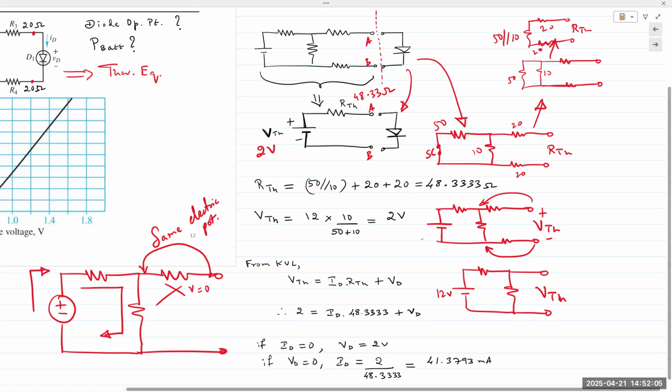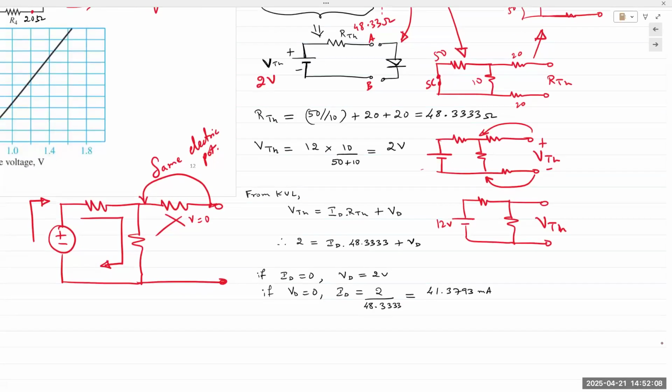So now that we have that, we apply KVL. We apply KVL to this circuit loop, as we saw 2 slides ago. So we have KVL: VTH is equal to the voltage drop across the diode, VD, plus ID times RTH. VD is unknown, ID is unknown.